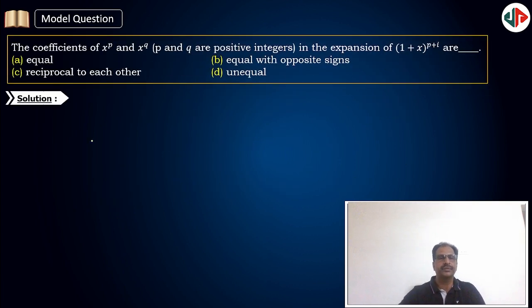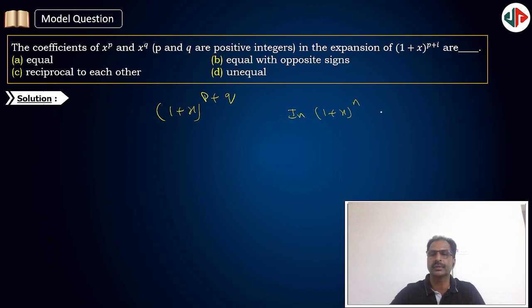Next question. The coefficients of x^p and x^q, where p and q are positive integers, in the expansion of (1 + x)^(p+q). It is p plus q. In (1 + x)^n, remember this shortcut: the coefficient of x^r is nCr.